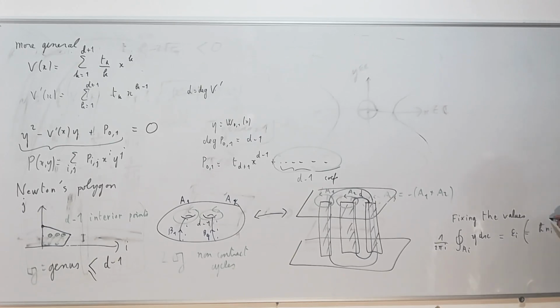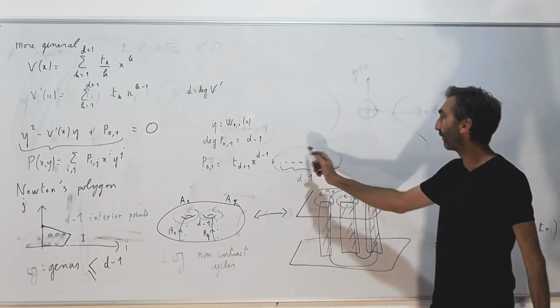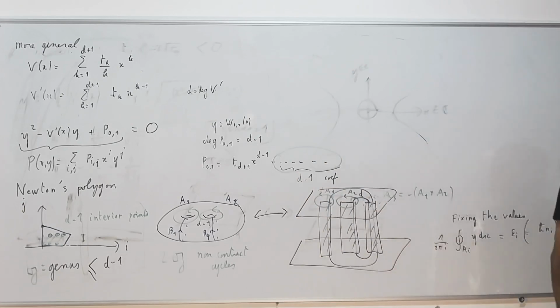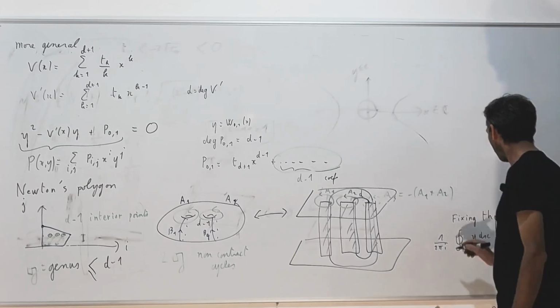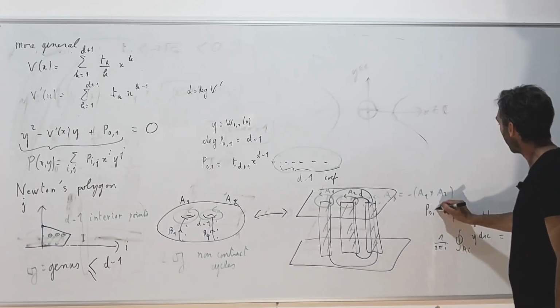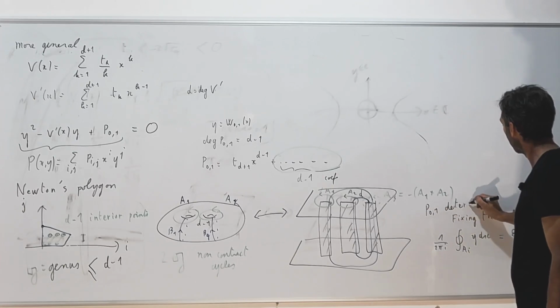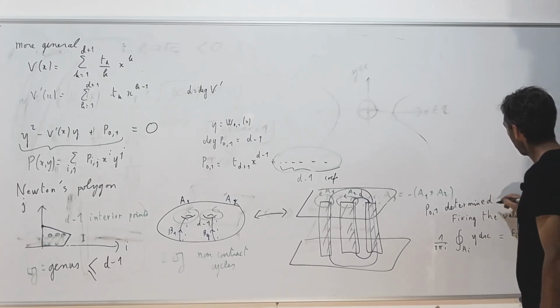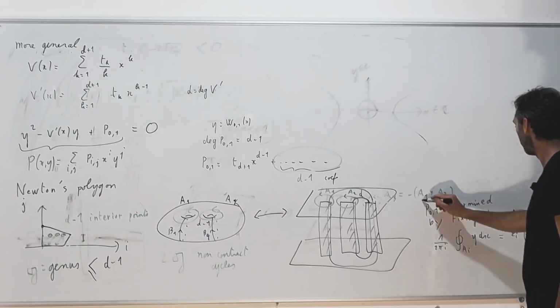Well, forget that for a moment. But if you fix these values, since the number of constraints you impose by doing that is exactly the same as the number of unknowns you have in your P01, basically this determines your P01. So P01 is determined by fixing the values.